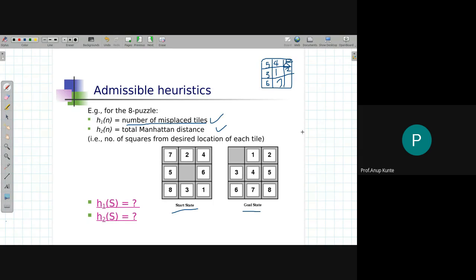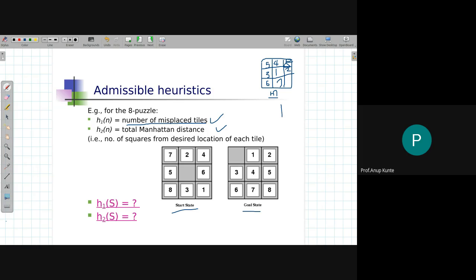This is the configuration of some state, which I should call say m. For this state, suppose I want to calculate h1 of m.